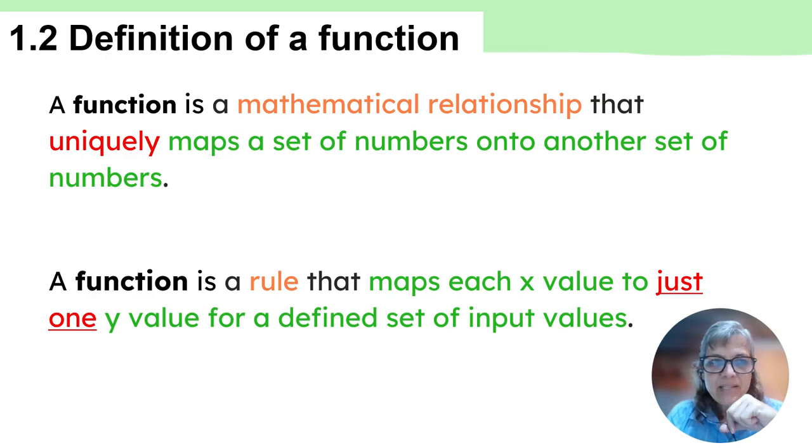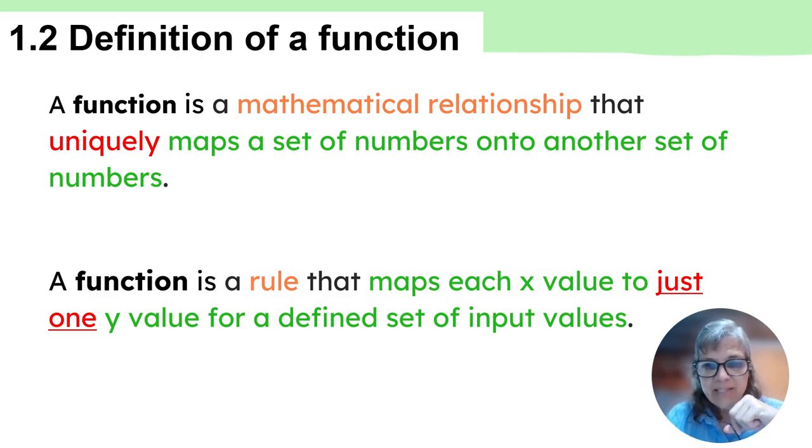When you get into section 1.2, you'll notice that they again give a definition of a function. Now, in our first few lessons, we talked about a function being a mathematical relationship that uniquely maps a set of numbers onto another set of numbers. In the textbook, section 1.2, it says a function is a rule that maps each x value to just one y value for a defined set of input values.